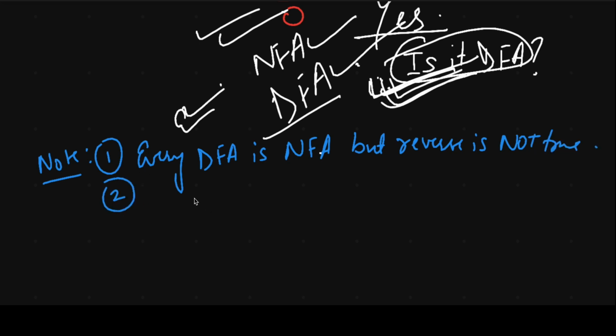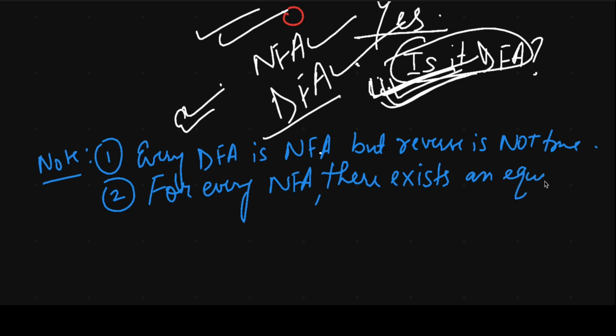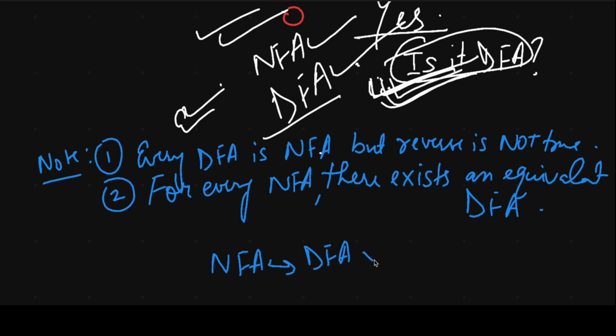Similarly, for every NFA there exists an equivalent DFA. So if an NFA is given, it doesn't mean that it is a DFA as well. But if a DFA is given, then it is also an NFA. Okay, so that's all about NFA and DFA.